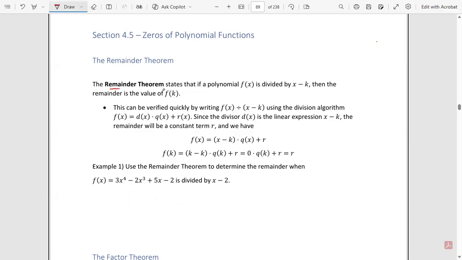The remainder theorem tells us that if you divide f of x by x minus k, the remainder of that division is the same as if you replace x with k in the function f. What does it mean?